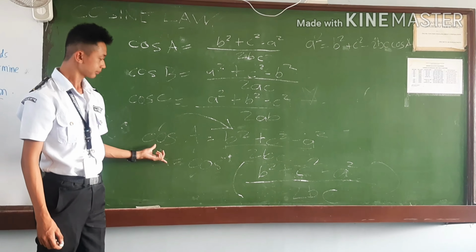First, we will target angle A. To get angle A, we have two angles given. In order to get the missing angle, we must use A plus B plus C equals 180 degrees, because the sum of the angles of a triangle is 180 degrees. To get the missing angle, we must add the two angles and subtract the sum from 180.